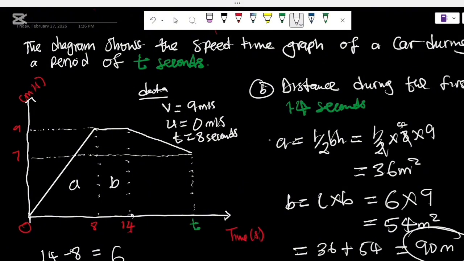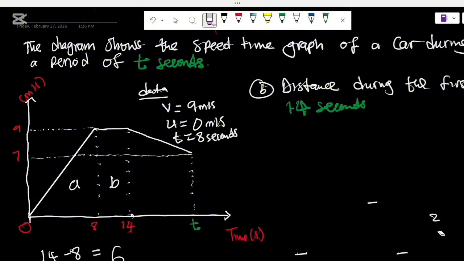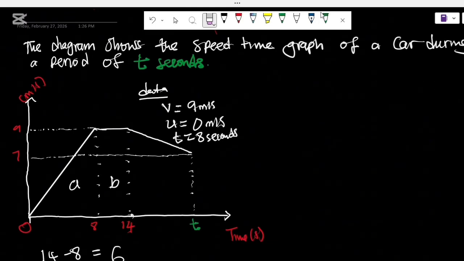Now, what about the value of t? The second question is about finding the value of t if the average speed of the car is 7 meters per second. So this is c.